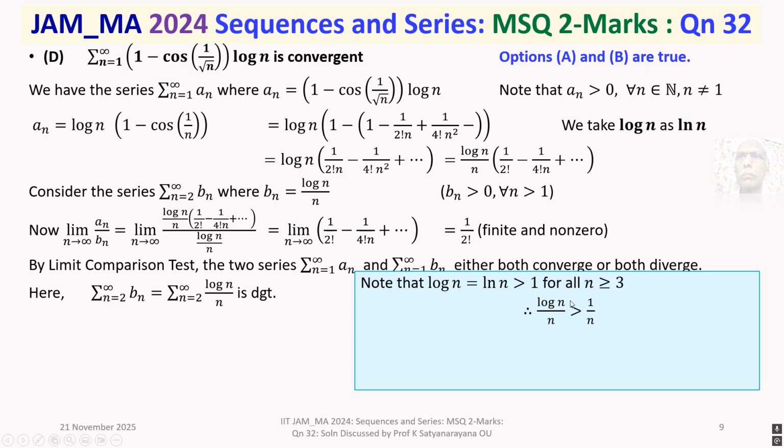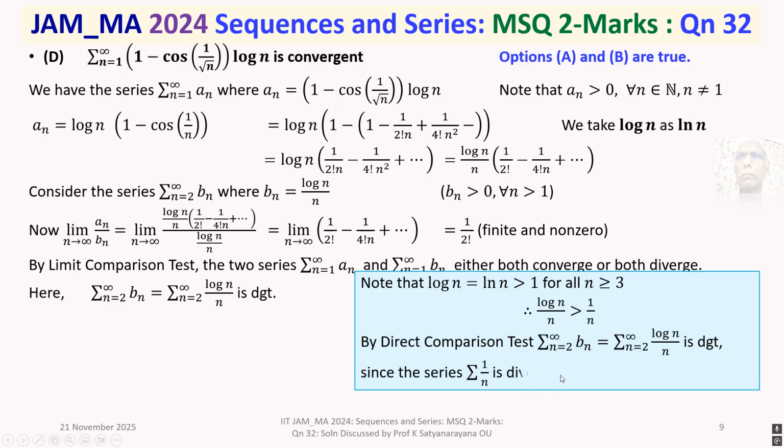Therefore, log n by n is greater than 1 by n for all n greater than or equal to 3. By direct comparison test, sigma bn, that is sigma log n by n, is divergent because sigma 1 by n is divergent by p series test for p equal to 1. Thus, sigma bn is divergent. That's what we have written.